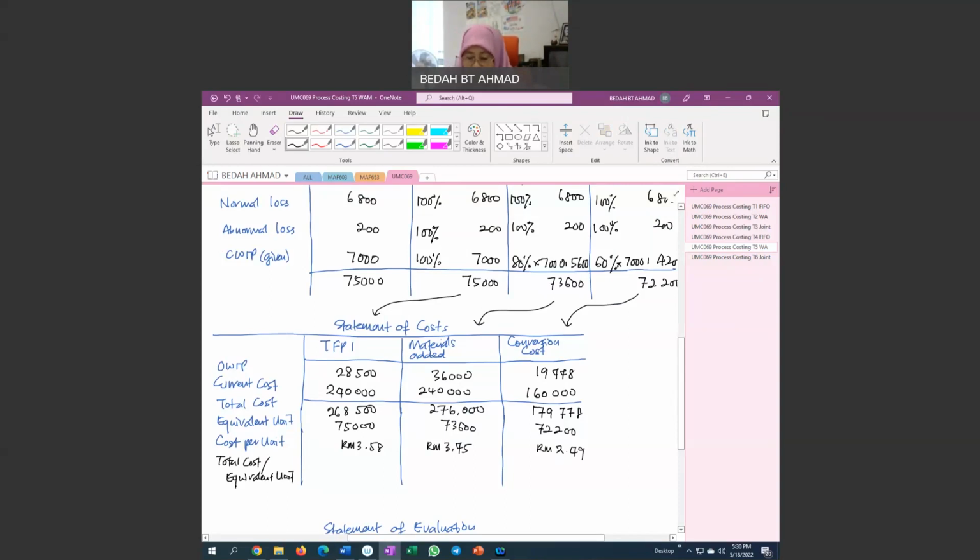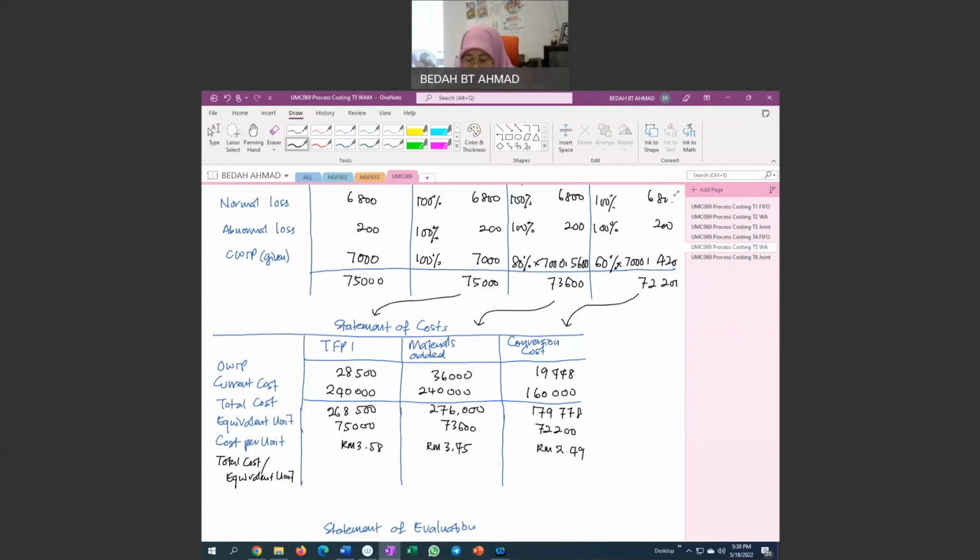Okay, you may double check the calculation. Right, 276. Oh, I think it's an exact figure for all the processes.